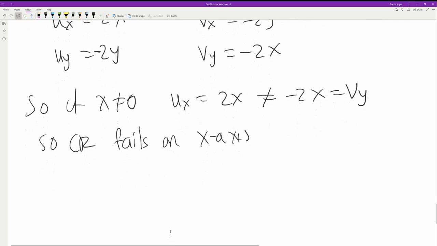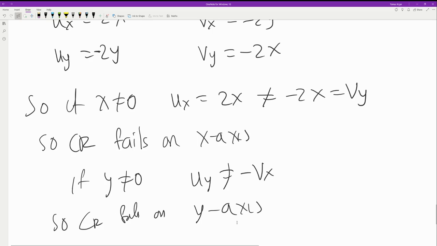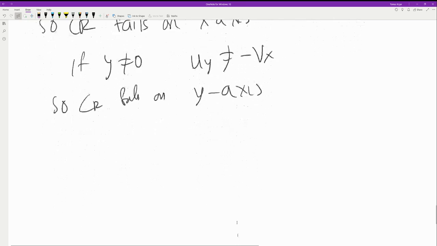And same for this case, so u y is not minus v x, so CR fails on y-axis.